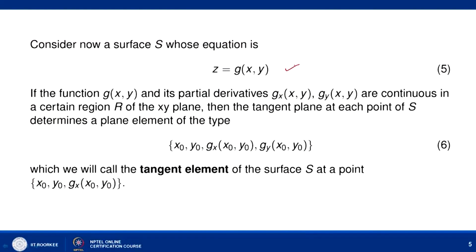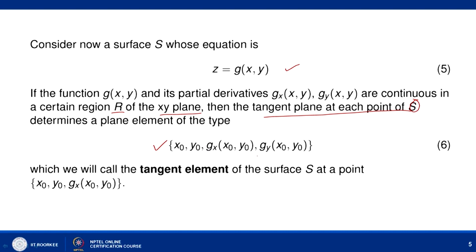For that, let us consider a surface S whose equation is z equal to g of x, y, and if the function g of x, y and its partial derivatives g x and g y are continuous in a certain region, say R of the x y plane, then the tangent plane at each point of this surface S determines a plane element of the type x naught, y naught, z naught, g x, g y.